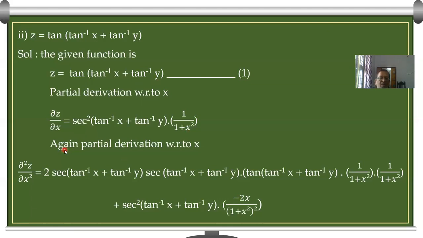And now, for this one, I am again operating partial differentiation with respect to x. Therefore, dou squared z by dou x square. First, observe here, how many functions do we have in this one?